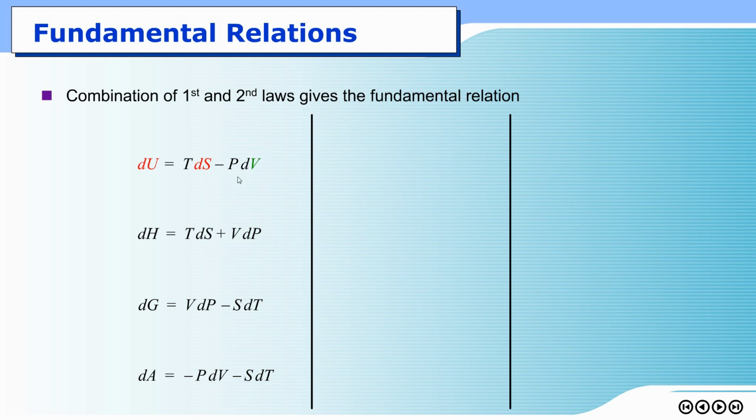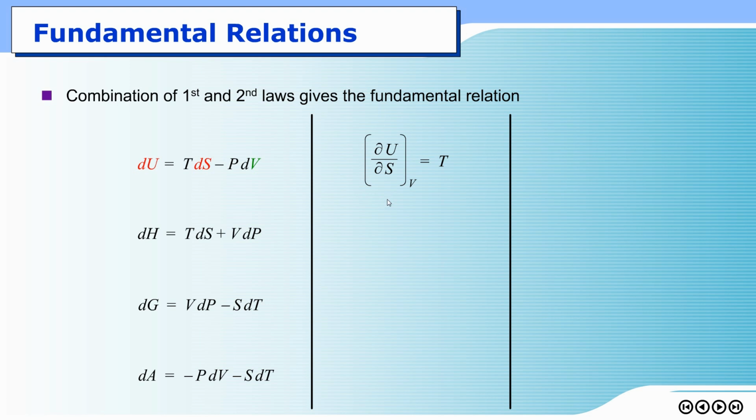Okay, if it is 0, then you can take dS to the left hand side to get partial differentiation of U with respect to S under the condition of constant volume to be temperature only. So from this fundamental relation, if you restrict the system to constant volume and rearrange the equation, you obtain this relationship.